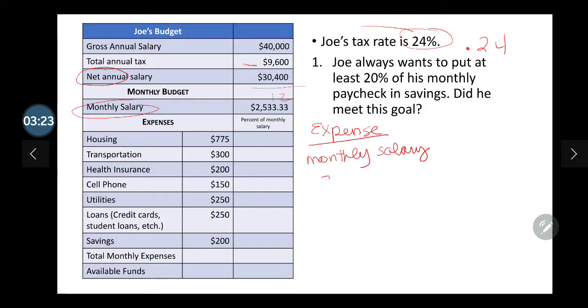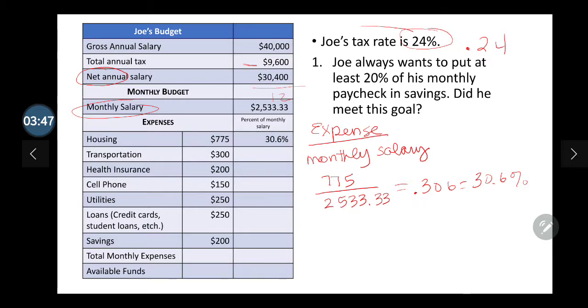So I take $775 and divide it by $2,533.33, and when I do that, I get 0.306, which is 30.6%.